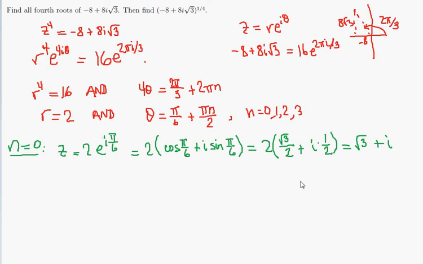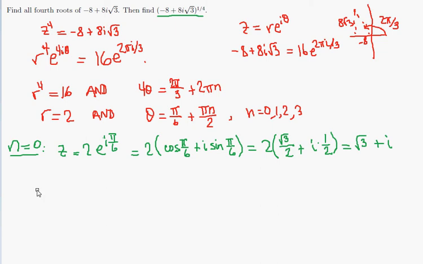And before we continue with the problem, this is the answer for the second part. So negative 8 plus 8i square root of 3 to the 1/4, that is the one that we just got. So the n equals 0 case is the definition of what negative 8 plus 8i square root of 3 to the 1/4 power means.